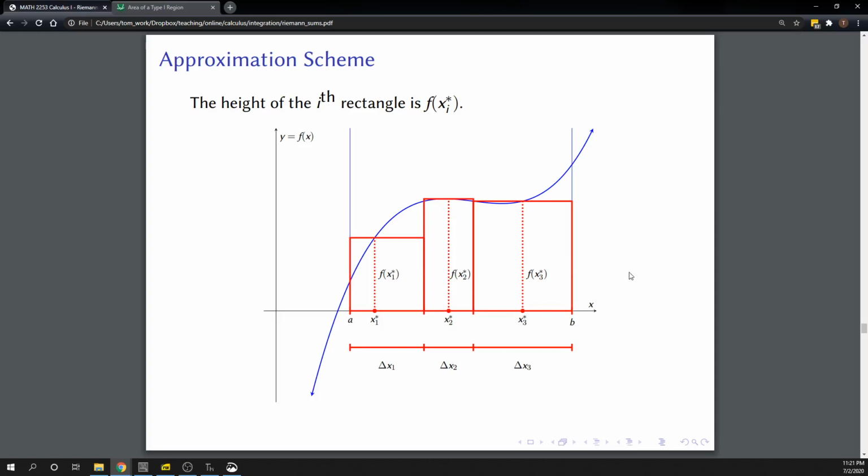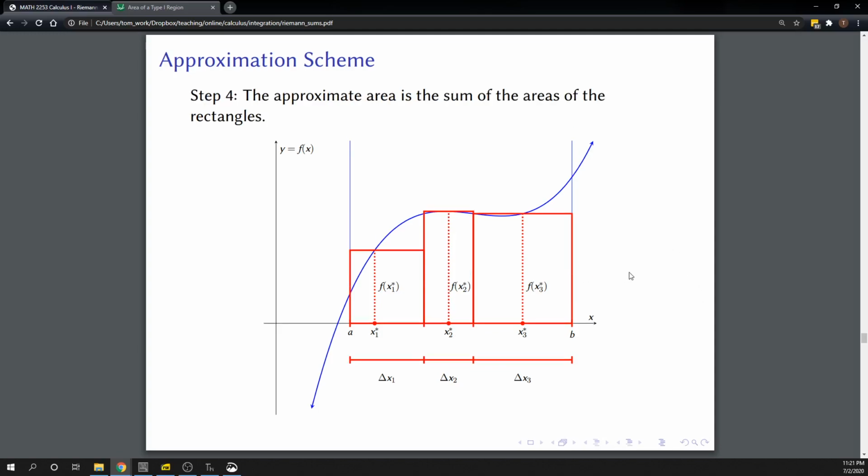Okay, so all my rectangles are built, and now I'm ready to get the approximate area. The approximate area is the sum of the areas of the rectangles. So I find the area of the first rectangle, then the area of the second rectangle, then the area of the third rectangle, and then I add them all up, and that is going to be the approximate area.